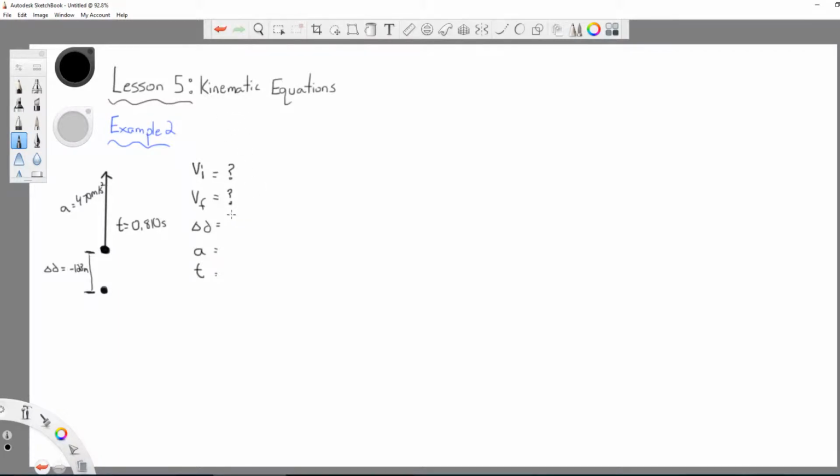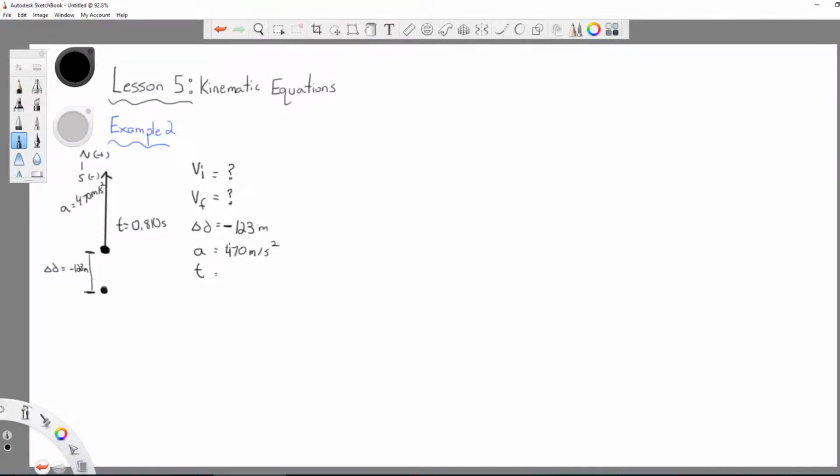Displacement, we have negative 123 meters. We have an acceleration of 470 meters per second squared. You see our northbound direction here: north is going to be our positive, south is going to be our negative.